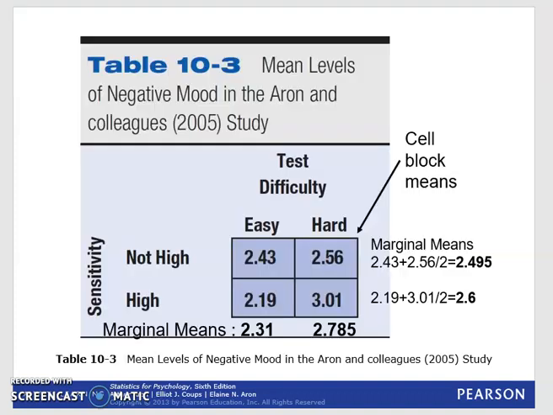All right, this is an example from your book. I encourage you to go into your book in Chapter 10, where they've connected with this study. This study looks at 2 different factors. Factor 1, test difficulty: easy test, hard test. Factor 2, a personality variable: are you a highly sensitive person or not?